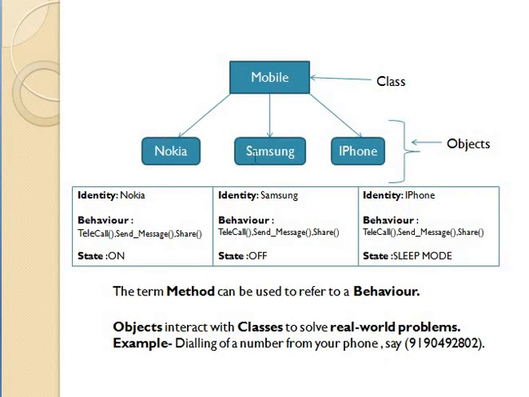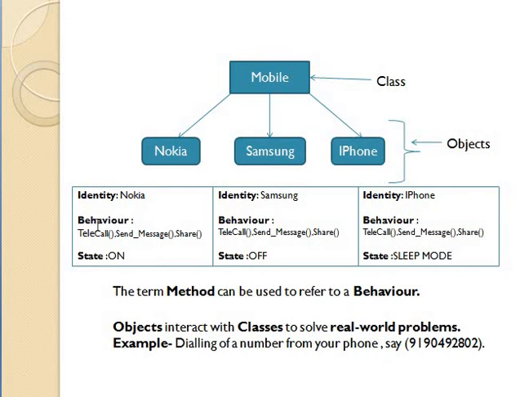Each of these objects interacts with the class through some methods or behaviors that could solve real-world problems. One such real-world problem is the dialing of a number for making phone calls.